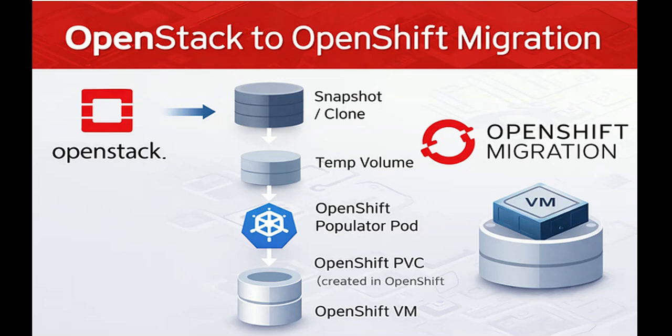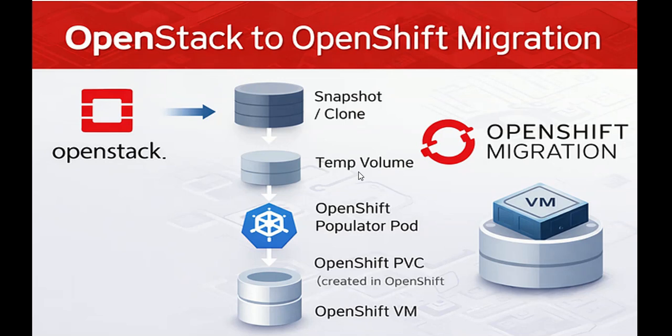First thing is snapshot and volume creation in OpenStack, and second thing is data transfer using a Populator Pod on OpenShift PVC. There are two things, right? First is volume and snapshot creation in OpenStack. As you see from this screenshot, the OpenStack volume snapshot creation is a temporary volume.